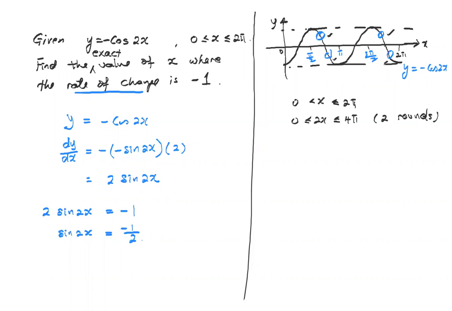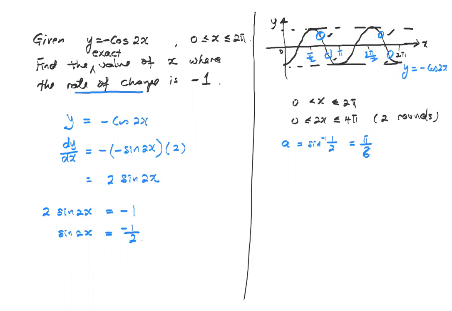Second step, I have to find the value of the acute angle, that is sin inverse half. If you have a look at the table, you know it's pi by 6.